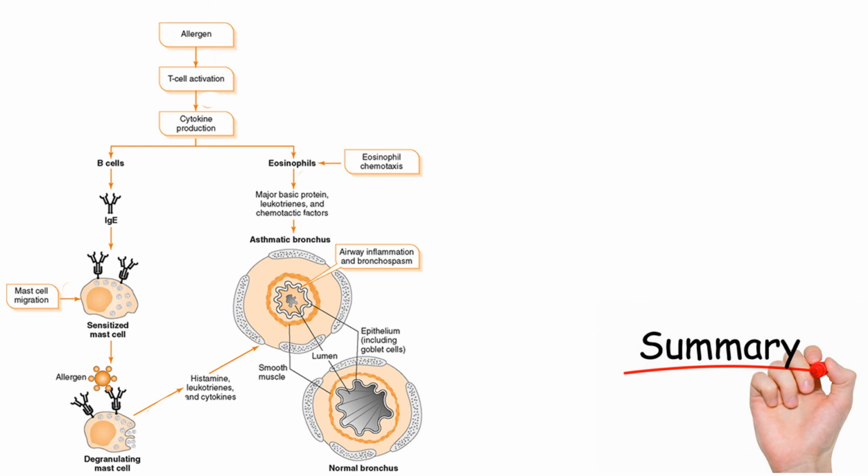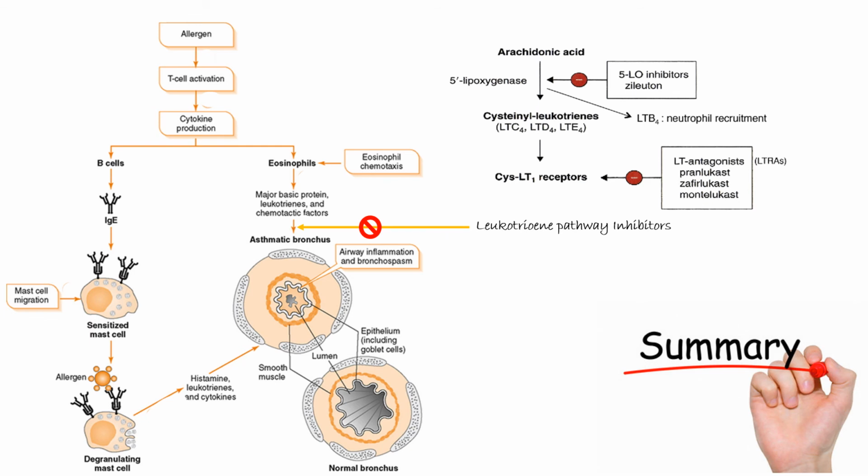Leukotriene pathway inhibitors are one of the groups of drugs that are used in the management of asthma. They consist of both inhibitors of 5-lipoxygenase and leukotriene receptor antagonists. Both classes of drugs are typically given orally and have been documented to produce beneficial effects in the chronic management of asthma.